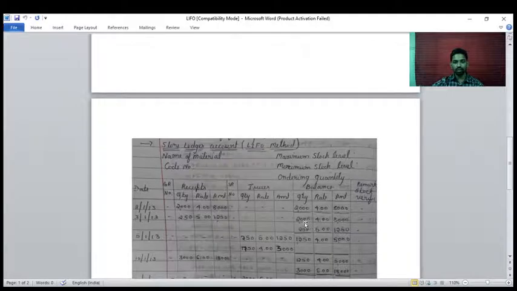Whatever the earlier balance was on 2nd January, we record as it is on the 3rd January: 2000 at the rate of 4, 8000, and 250 units at the rate of 5, the total amount is 1250.